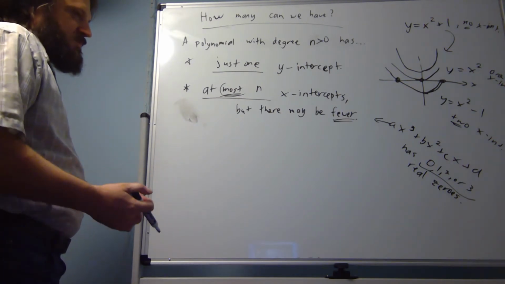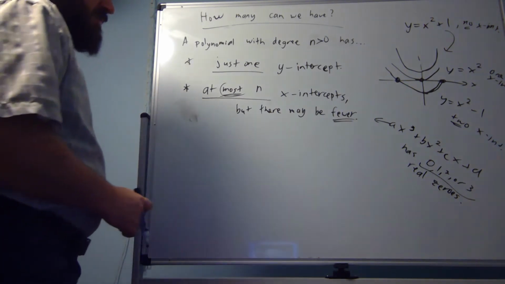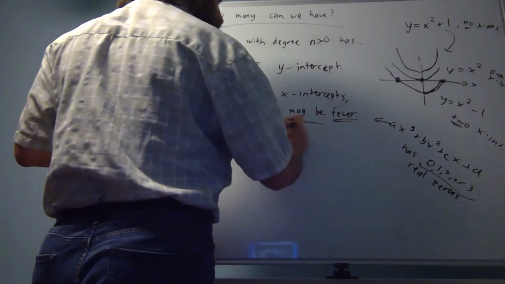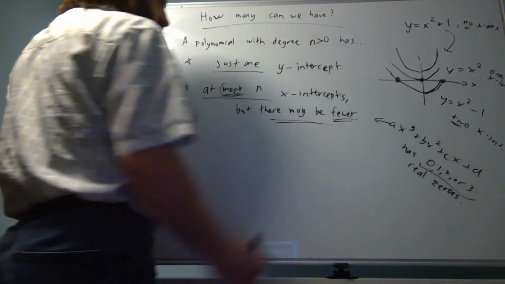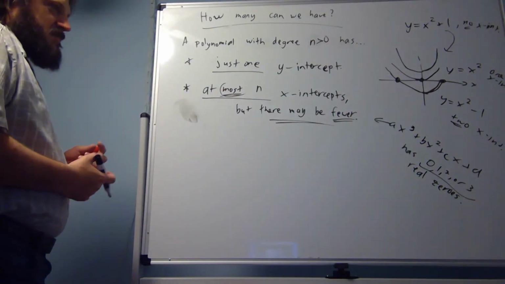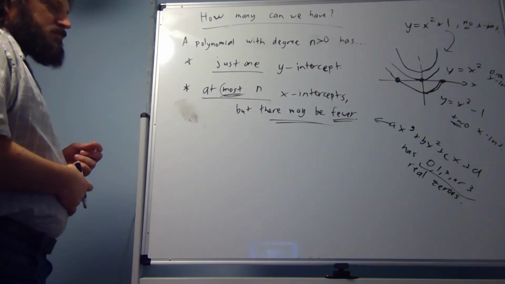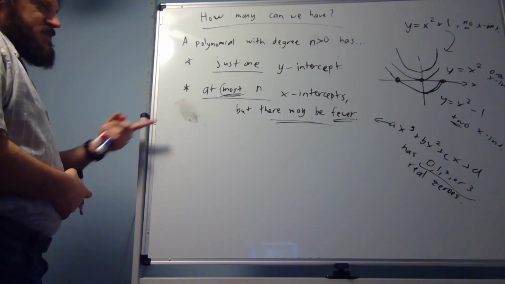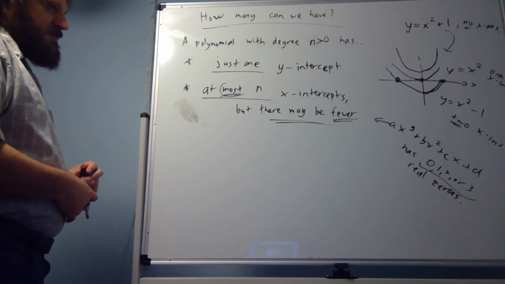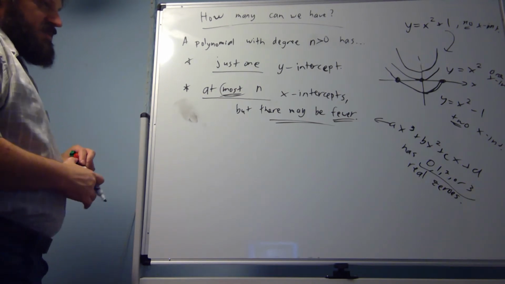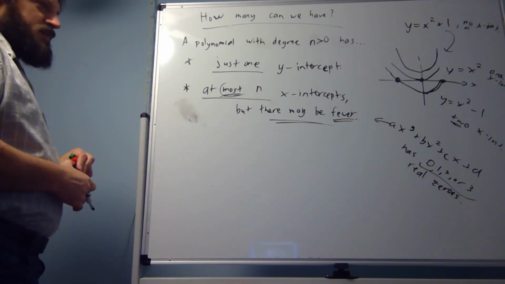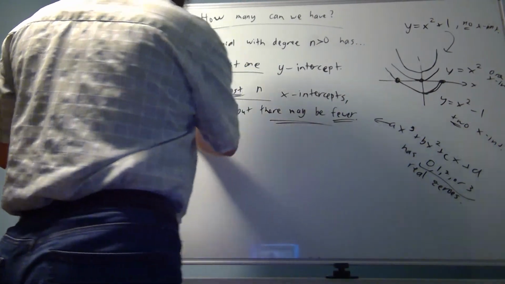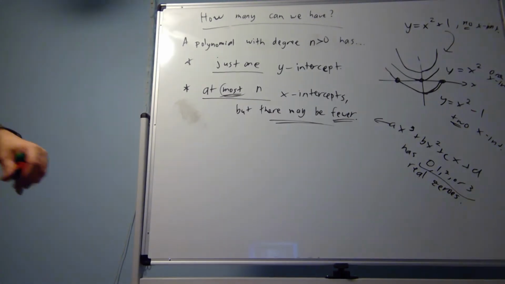You have 0, 1, 2, 3, maybe 4 for a 4th degree, and so on. So it just depends on the polynomial. There always exist polynomials that have exactly n zeros, and there are always polynomials that have fewer than that, for higher degrees.